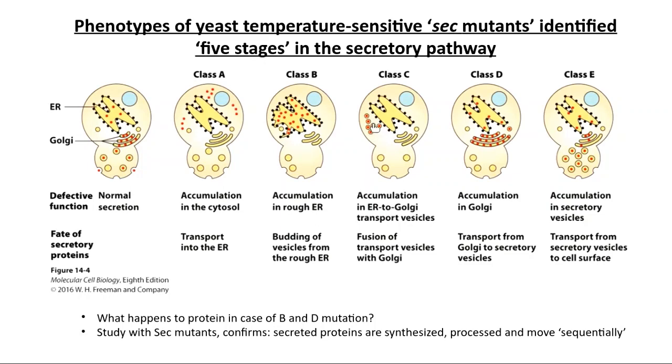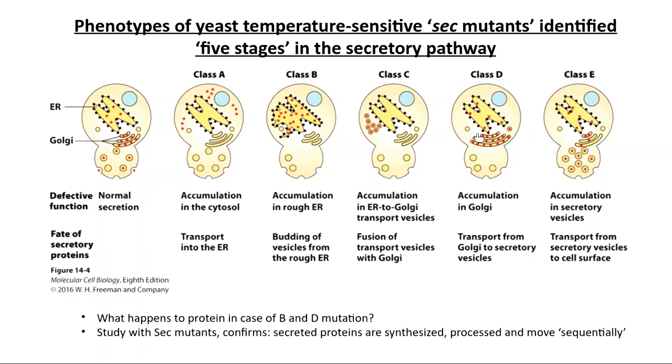The class D mutants basically get accumulated in the Golgi compartments. We can still see some proteins in the ER because at any given point of time, all the secretory proteins are being synthesized in the ER and then transported to the cis Golgi, so it is not 100% at one particular point. Anyway, the majority of the proteins will remain stuck in the Golgi.